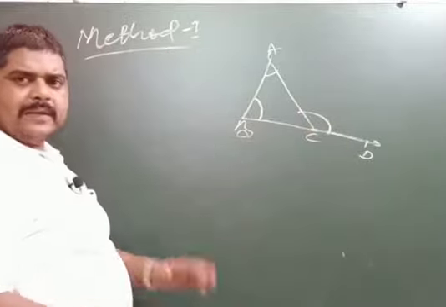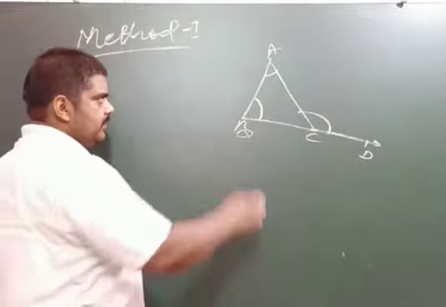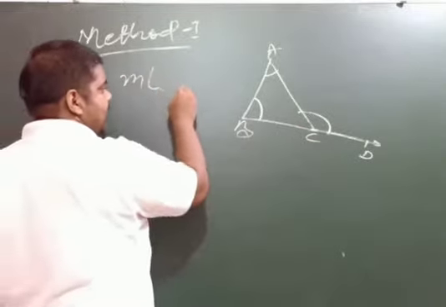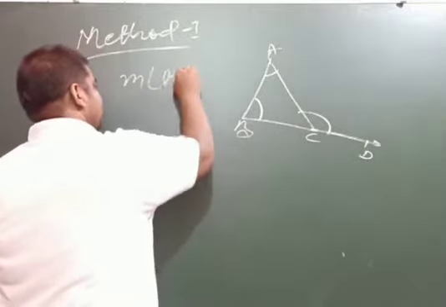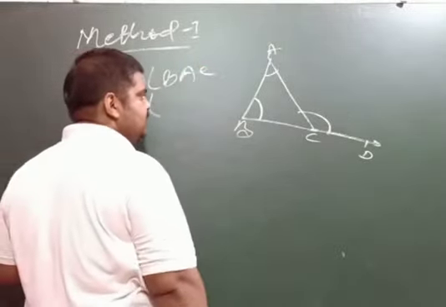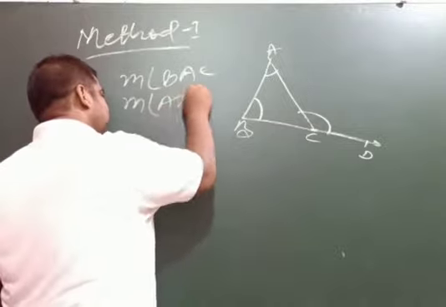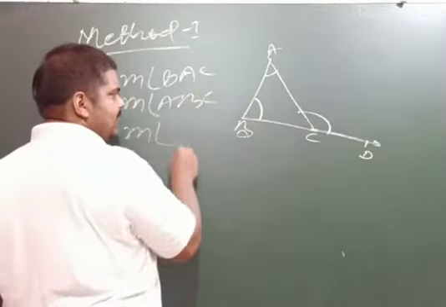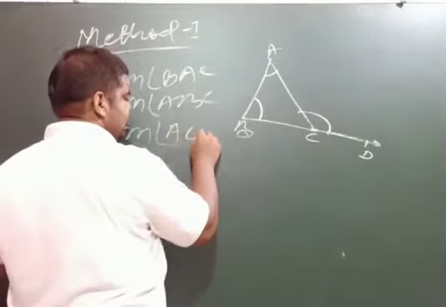You find the magnitude of angle BAC, then the magnitude of angle ABC, then the magnitude of angle ACD.